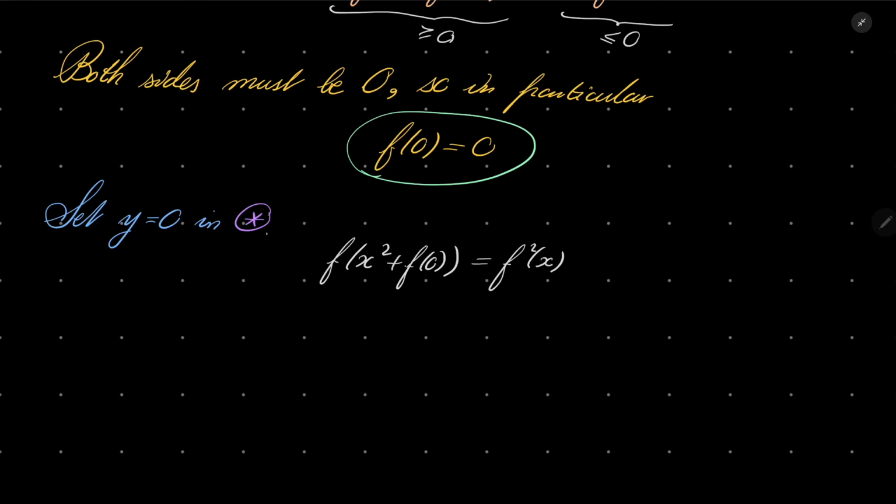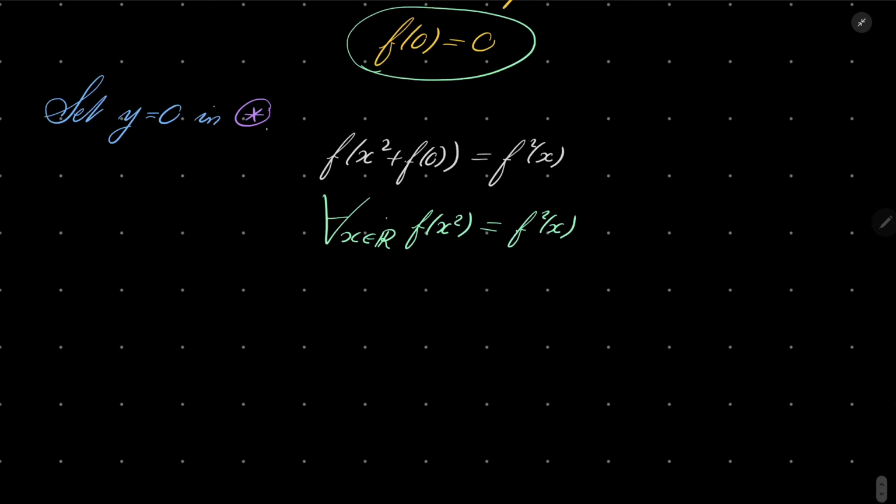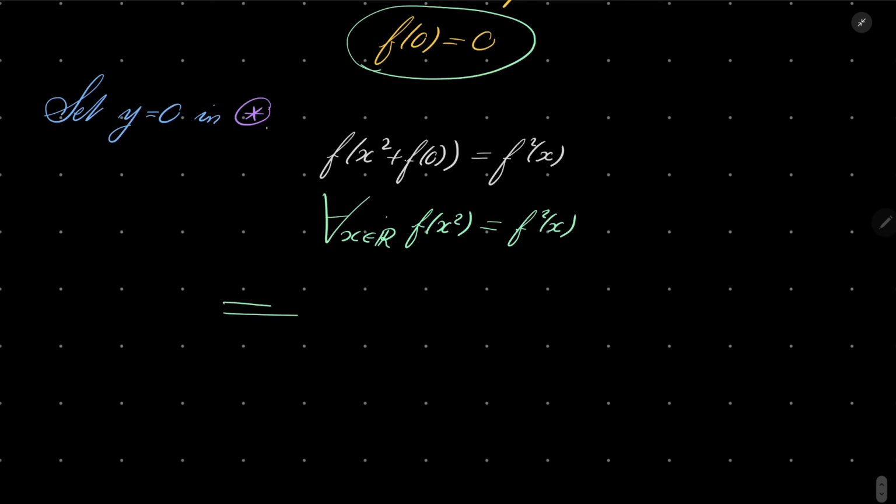So now we know that, maybe let's write it in green, for every real number x, f of x squared equals f squared of x, and in particular, for every non-negative number x, f of x is also non-negative. Well, why is that? Because every non-negative number can be written as the square of some number, and the right-hand side here is obviously the square of something, so it's non-negative.